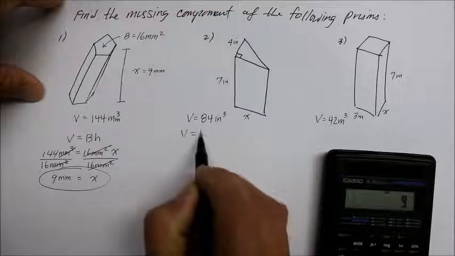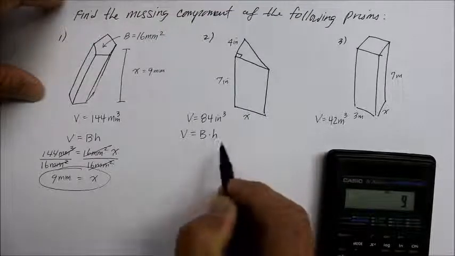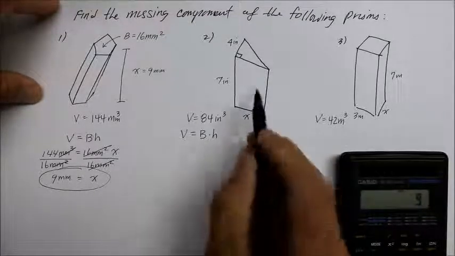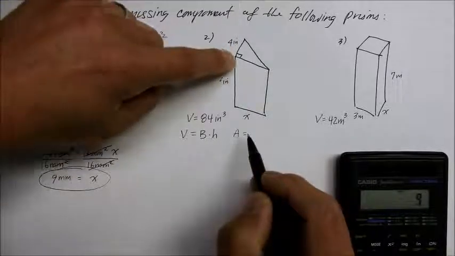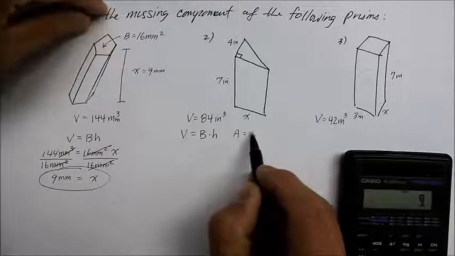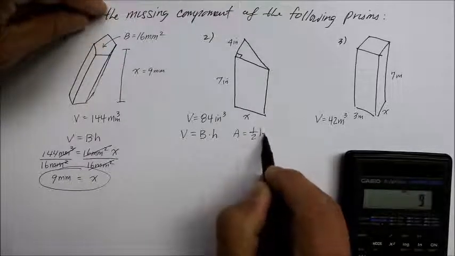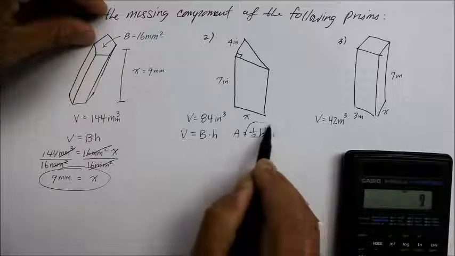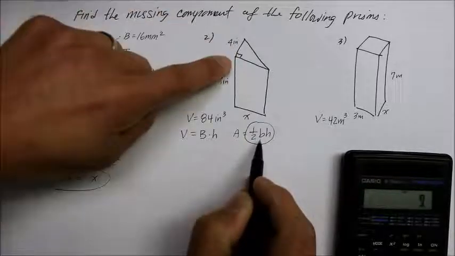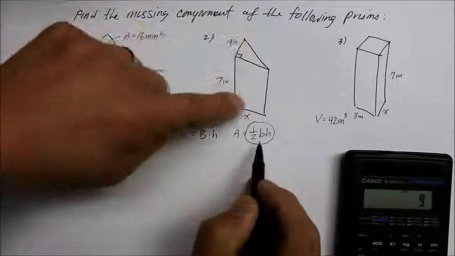V is equal to capital B times height. And what is the base of this prism? Well, the area of the base is 1/2 base times height. That's the area of the triangle which serves as the base of this prism.